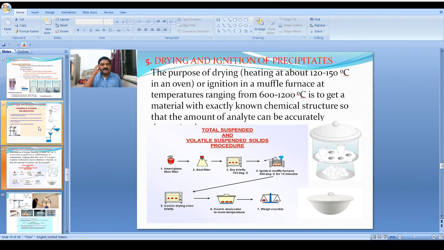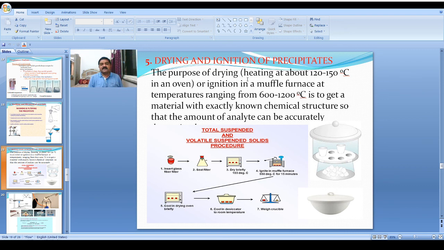Then fifth, drying and ignition of the precipitate. How this process takes place here: the desiccator, in the desiccator the presence of the silica crucible, and at the bottom of the desiccator calcium chloride for absorbing the water molecules present in the silica crucible. This is the structure of the silica crucible, and it can be shown in the figure like the flow chart here.